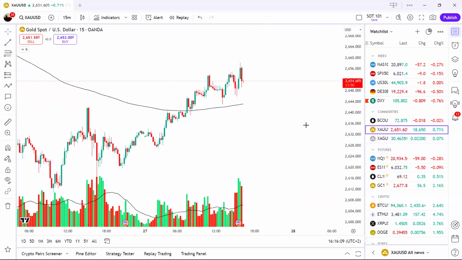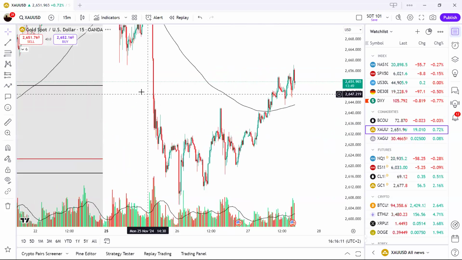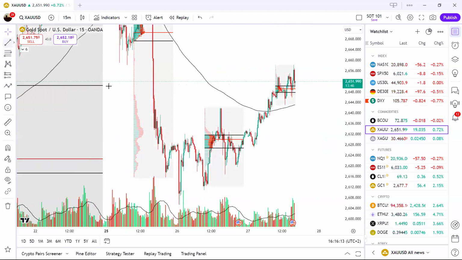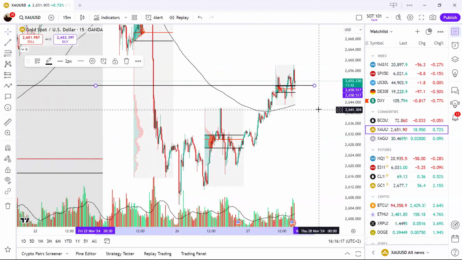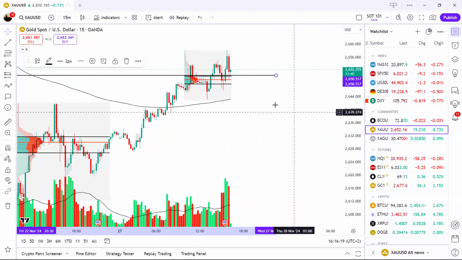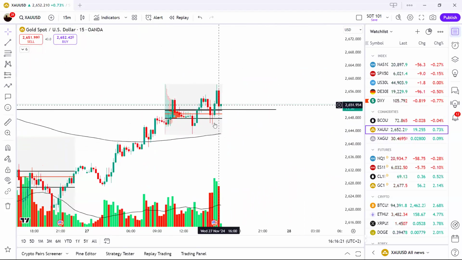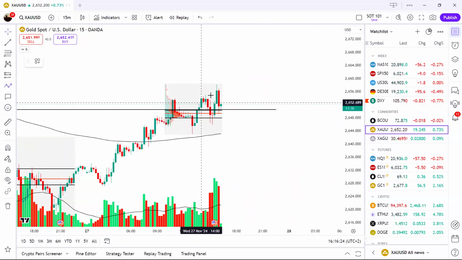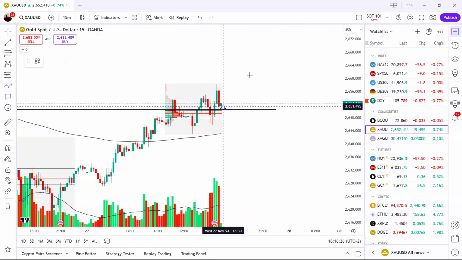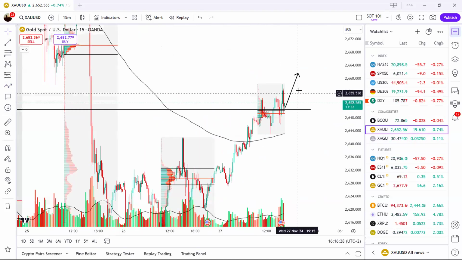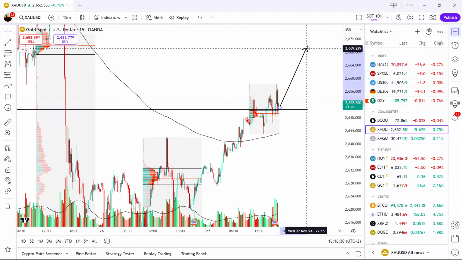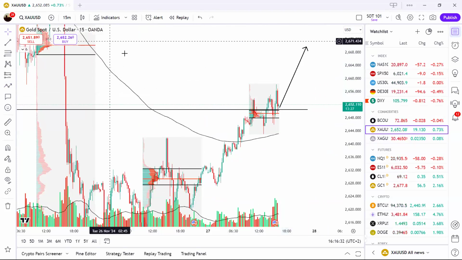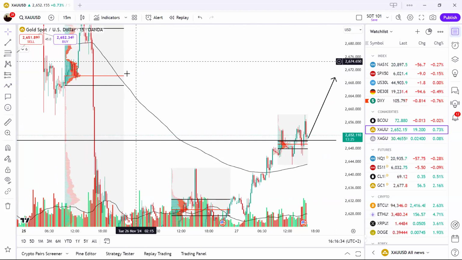Jumping to gold, the market is currently at the value area high for the previous week. We are seeing a bit of consolidation going on. We had a really beautiful close. I'm liking what I'm seeing here to look for a trade to the upside, even just towards Monday's high volume area.